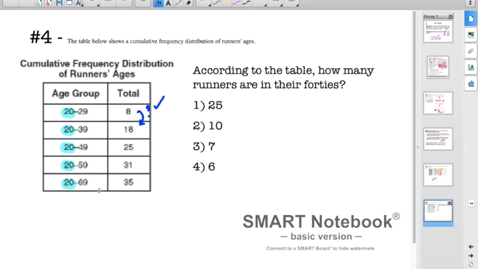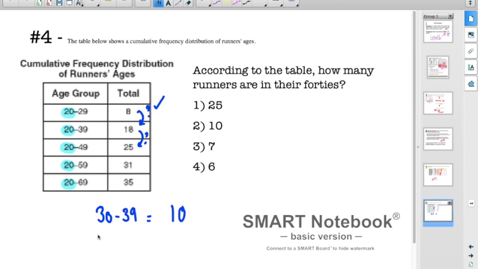Well, that must mean between ages 30 and 39, I just added 10, right? That means that there are 10 runners between ages 30 and 39. And then between 20 and 49, it went from 18 to 25. How did that happen?